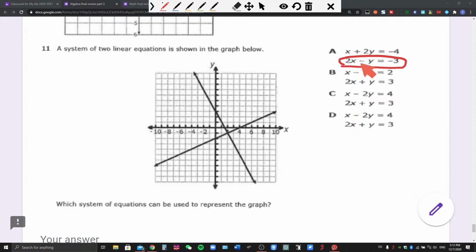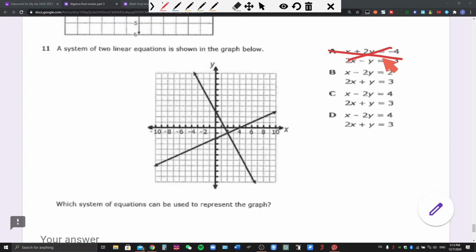For this one, if we move y to the other side, and move the 3 to the left side, you will have 2x plus 3 equals y. That means you will have one line that crosses the y-axis at 3, and still goes up because it's a positive m. So you should have one line like this, but we don't have that line. So that eliminates A. A is wrong.